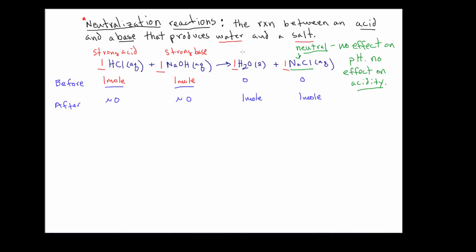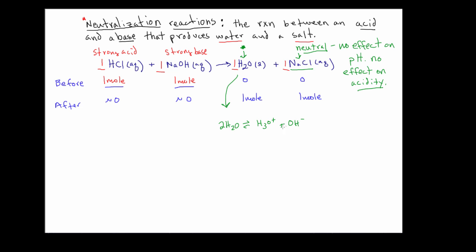Now, let's look at the other product of the reaction. In this case, we've produced water. And I've talked about the fact that water itself undergoes this unique reaction called autoionization, where it can self-ionize into H3O plus and OH minus.